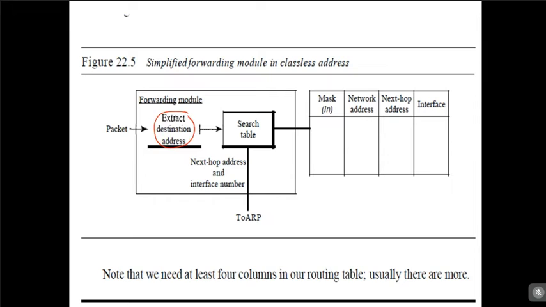It is going to maintain the destination address, which means both the physical address as well as the logical address. After extracting that address, the physical and the logical address, next it searches the table. So what is the content of this search table?